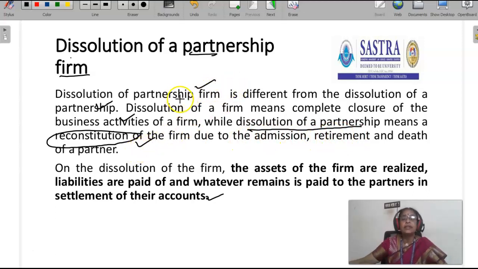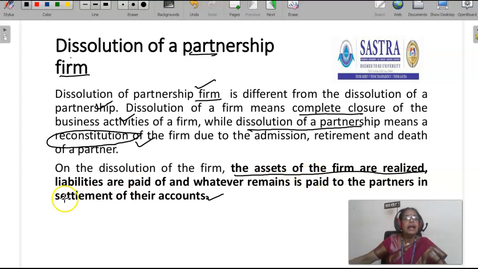Whereas in the case of dissolution of a partnership firm, there is complete closure of the business. They will not do the business. They close the business activities of the firm. So on the dissolution of the firm, assets of the firm are realized, because they are not going to continue the business, so they sell all the assets.